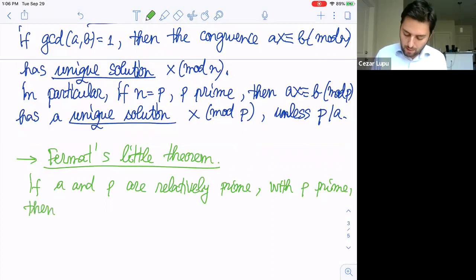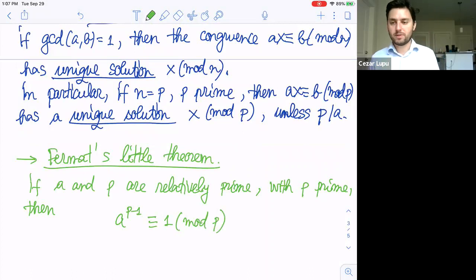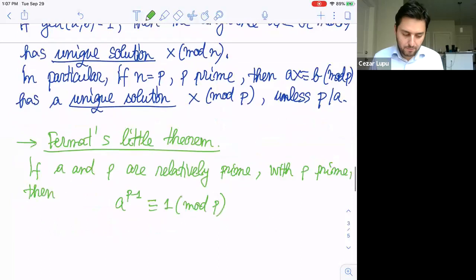Then a to the power p minus 1 will be congruent with 1 mod p. Always this happens. Anyway, you will see this proven in a number theory course.